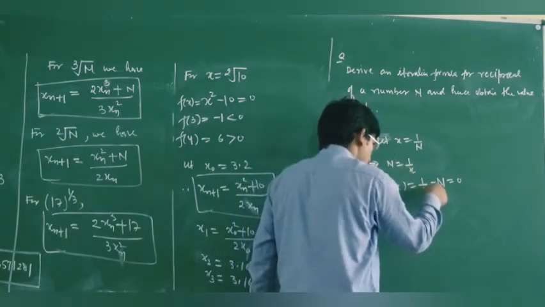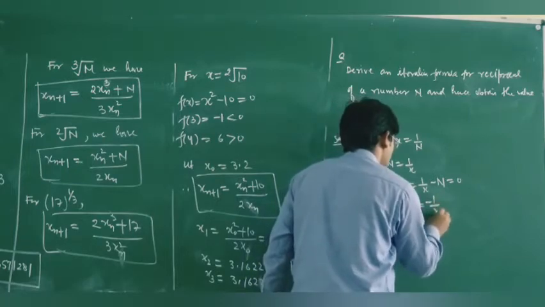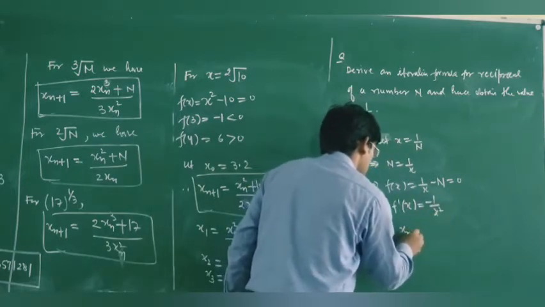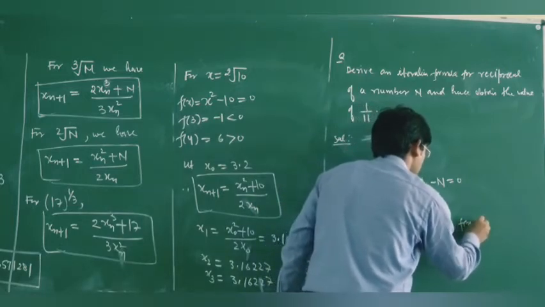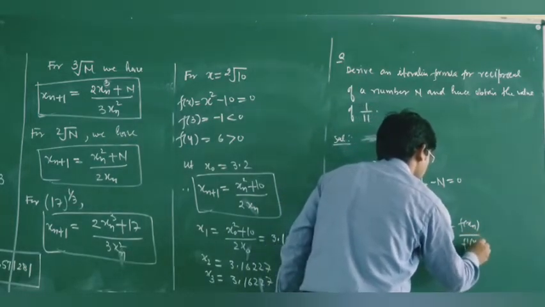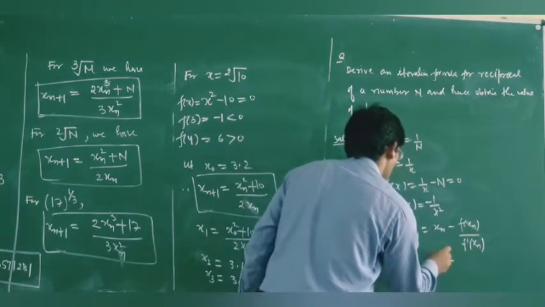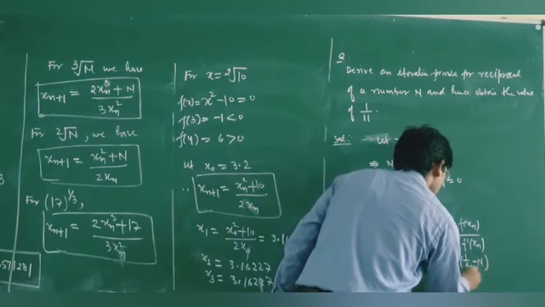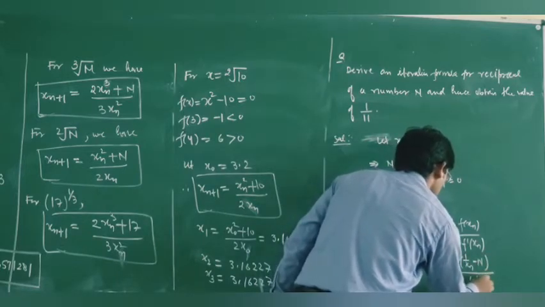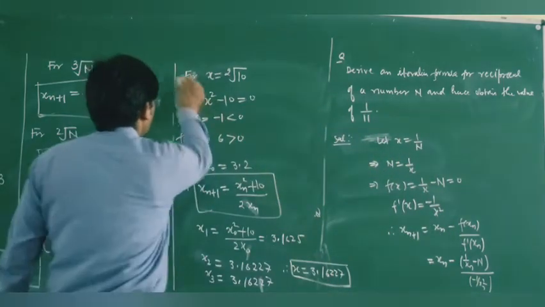So now fx will be this one. So your f dash x will be minus 1 upon x square. So therefore your xn plus 1 is equal to xn minus f of xn divided by f dash xn. So this is equal to xn minus f of xn, which is your 1 upon xn minus n, divided by f dash xn, which is your minus 1 upon xn square.